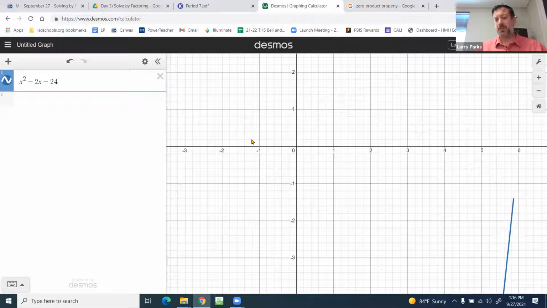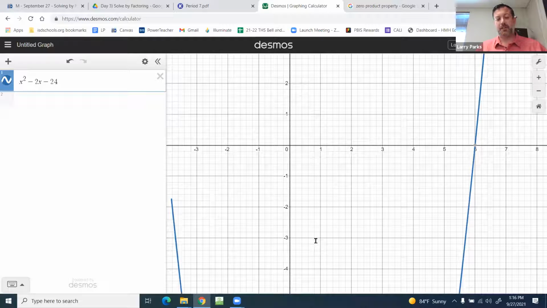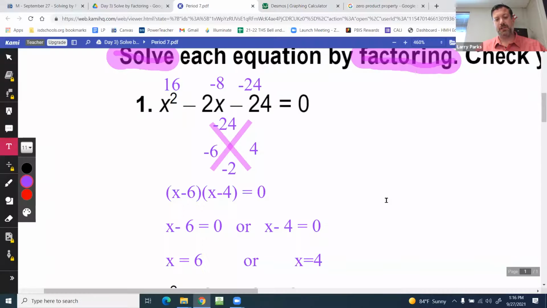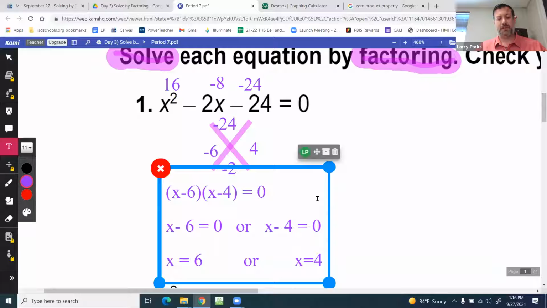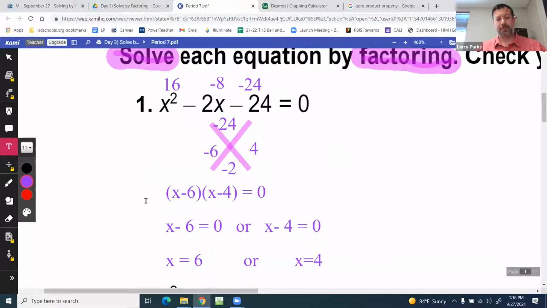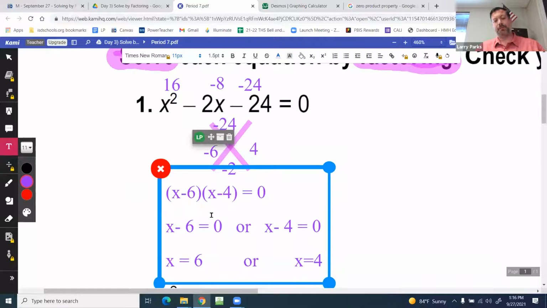So my solution should be -4 and 6, which I got. Oh. That's supposed to be a +4.